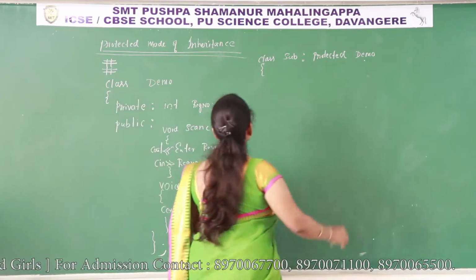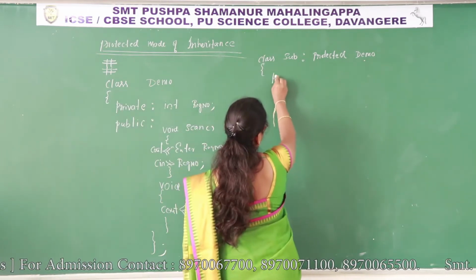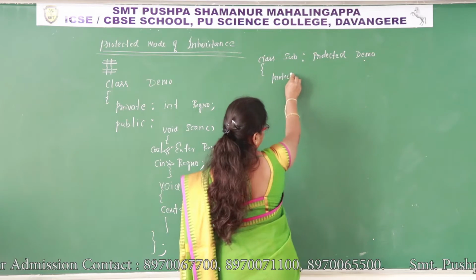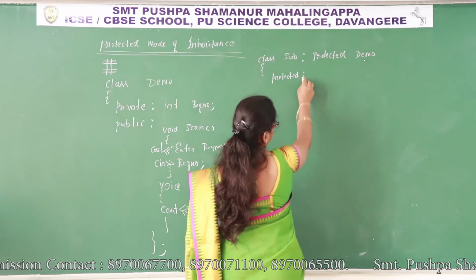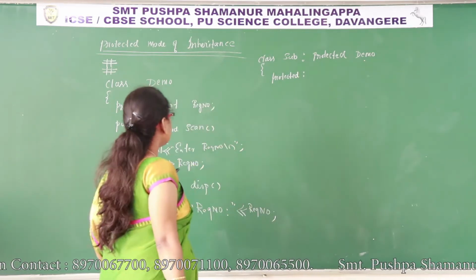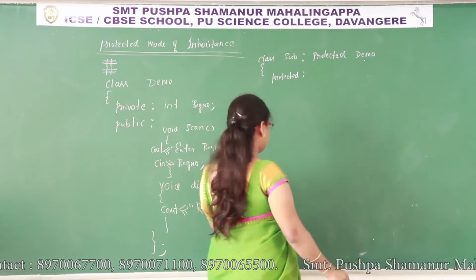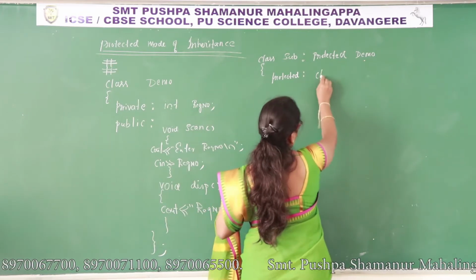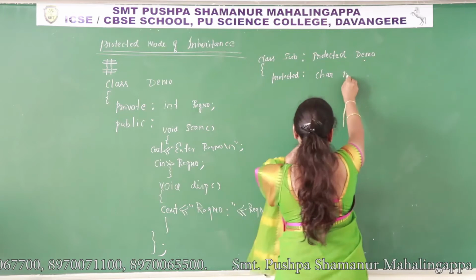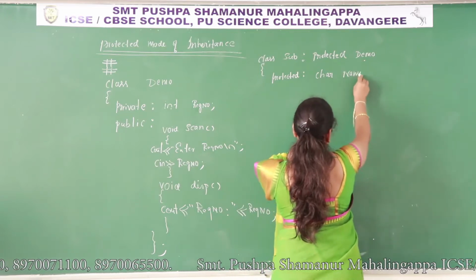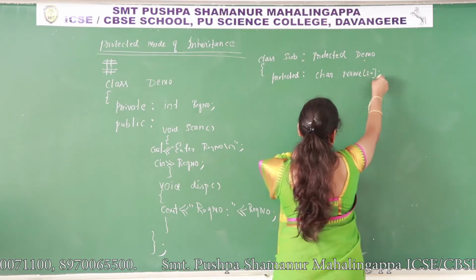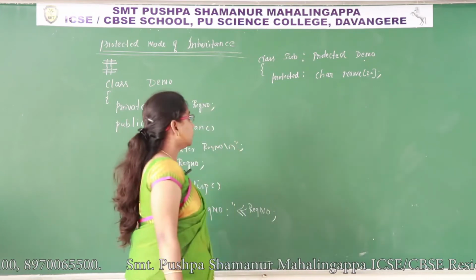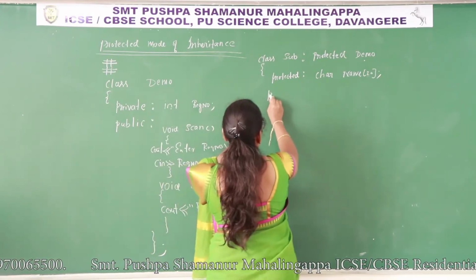Now I'll take protected colon. So in the derived class, in the protected section, I'll take a data member, char name, and then the public section.